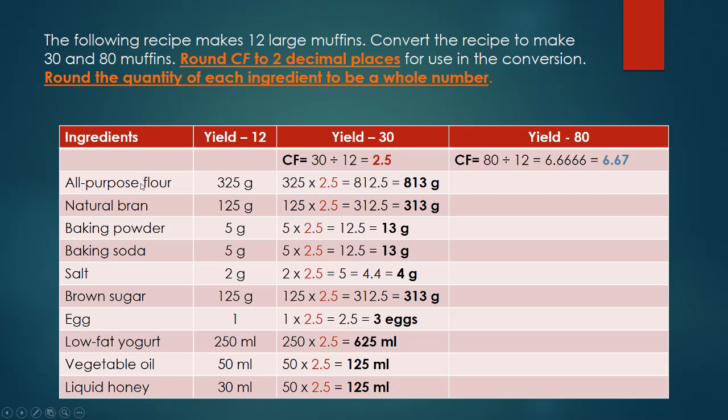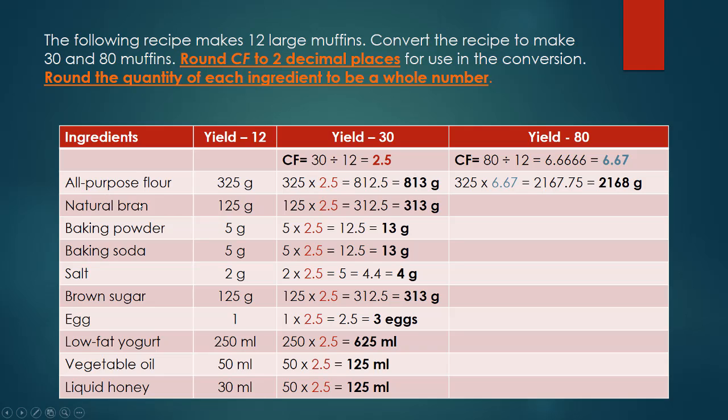So for my all-purpose flour, I'm going to multiply 325 grams times 6.67, the conversion factor for an 80 yield. So I will now need 2,168 grams to make 80 muffins as opposed to the 325 I needed to make 12.